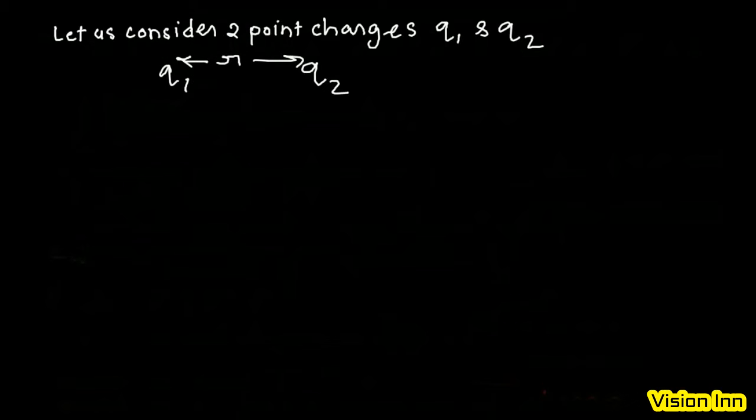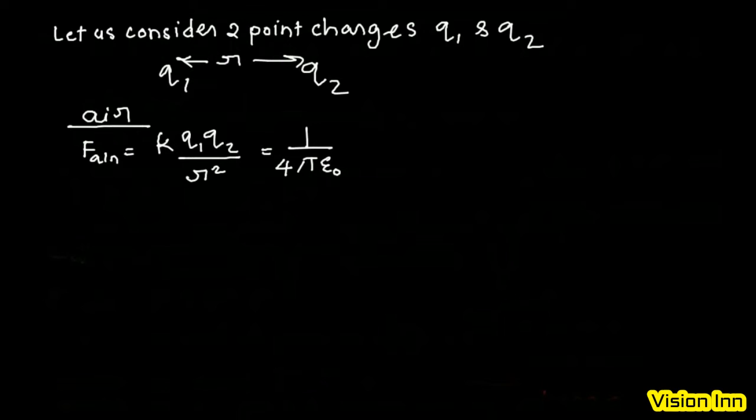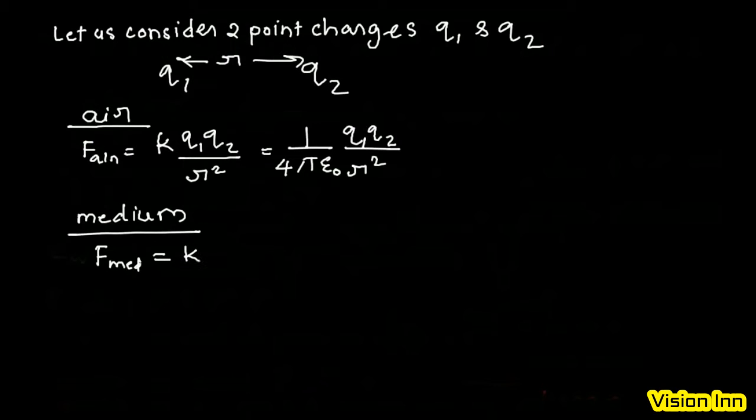So the force of interaction between them, if they are placed in air, is F air equal to K Q1 Q2 upon r square, which is nothing but 1 upon 4 pi epsilon naught, as the permittivity of air or vacuum is given by epsilon naught. Okay, now the same charges are placed in another medium. We do not know which medium, any other medium.